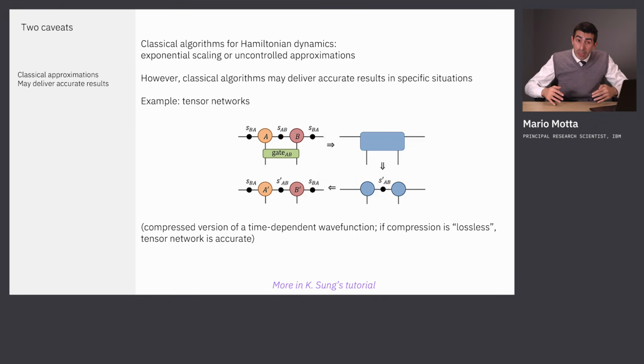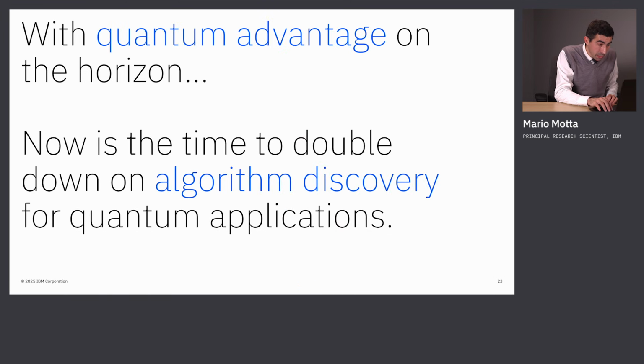If this compression operation, which is done through linear algebra operations and truncations, doesn't lead to an accumulation of errors, our tensor network is going to be very accurate. When that's the case, we have a very good baseline, for example, to benchmark the performance of a quantum algorithm. So it's very important in general to keep in mind that classical algorithms can be very powerful. They can teach us a lot about the quantum algorithms, the quantum circuits, and they can also teach us many things that we can transport into our field. And that will be part of the message in Kevin's second part of the tutorial.